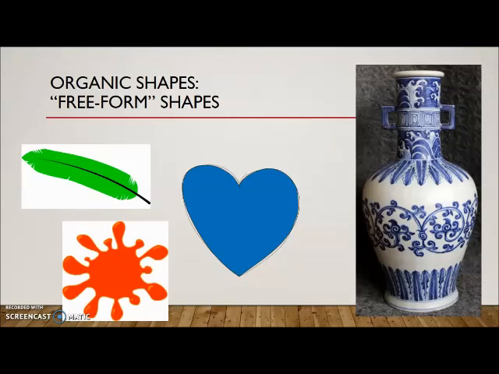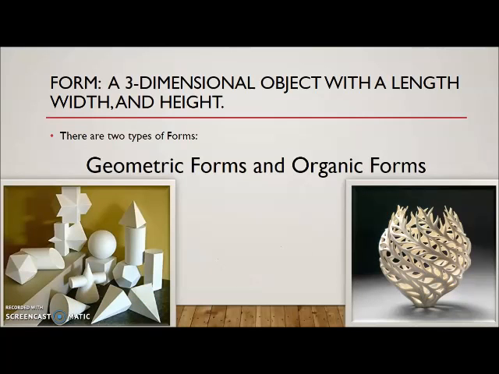These shapes are like your feather or this organic shape of a blob or this heart or even the etchings of the patterns that are etched or carved onto the ceramic base on the right-hand side of the slide. These different examples of free-form shapes are organic, therefore they're not as measurable like math shapes or geometric shapes.